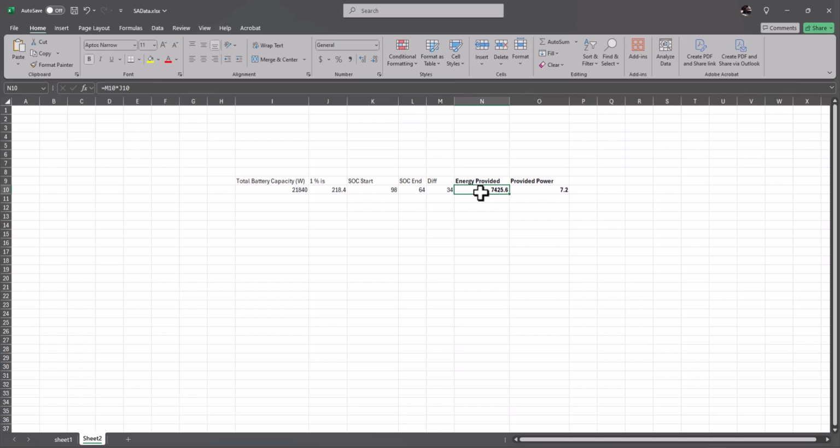So in theory, the state of charge says about 7.4 kilowatts of power, and the load calculation said 7.2. Given the fact that I only have 1 decimal of precision on the state of charge and on the kilowatts, this seems to be close enough.